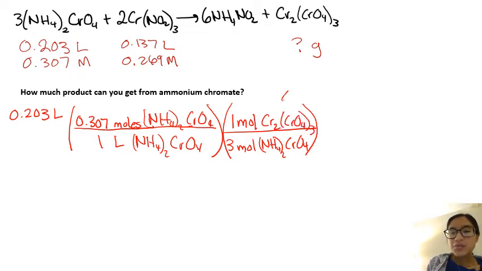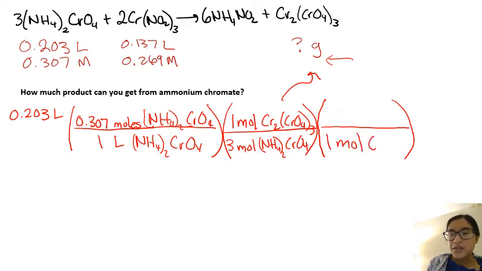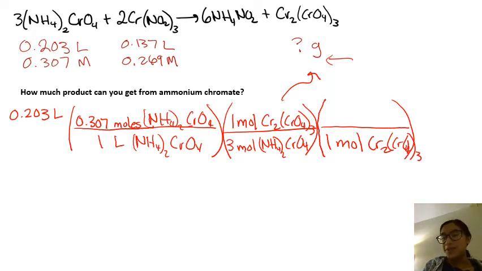So remember, from our roadmap, we're trying to get to here, right? Okay, so we got moles, and because we know we want it in grams, we're going to do a quick conversion and get that into grams. So for every mole of chromium 3 chromate, the molar mass, this is probably the most annoying part of this problem, is actually calculating this out.